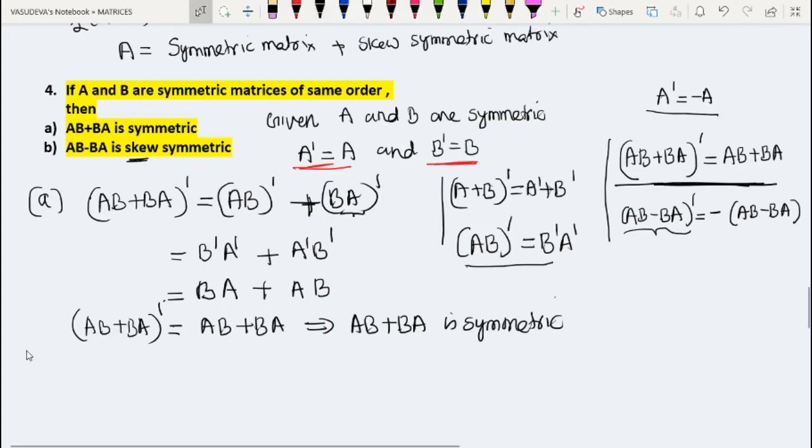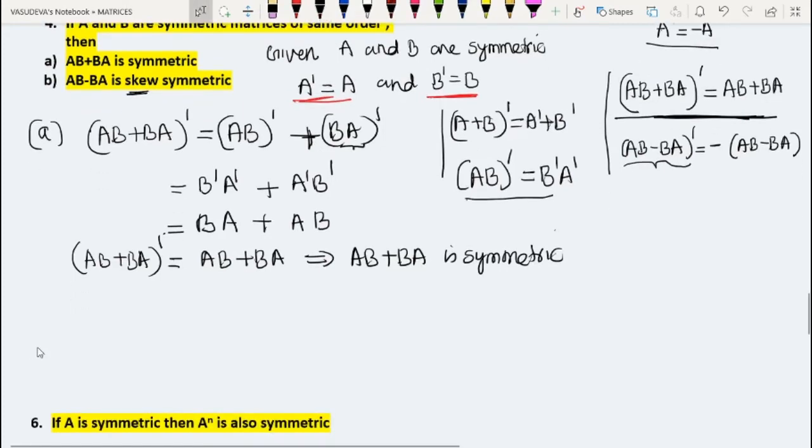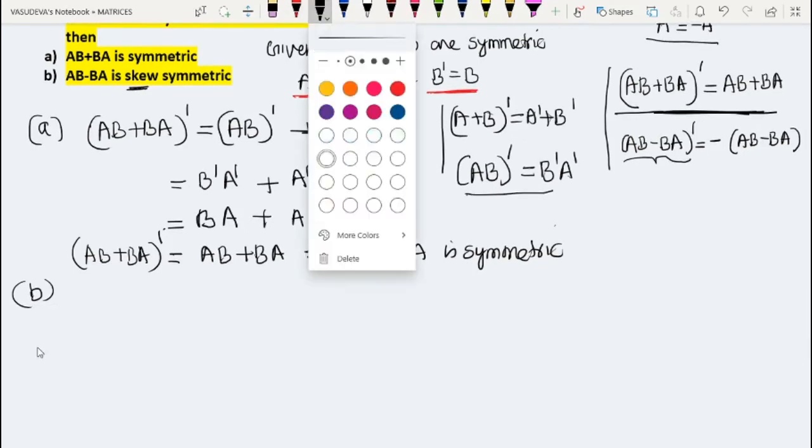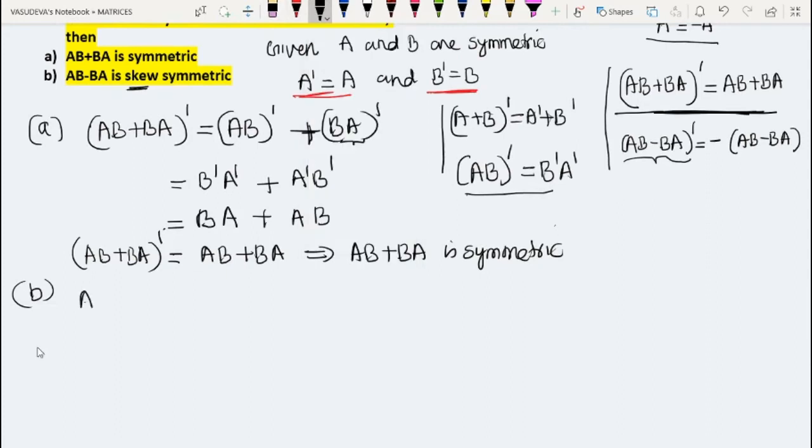Now considering the second case, to show AB minus BA is skew symmetric, we have to consider AB minus BA whole dash and show that it equals minus of AB minus BA.